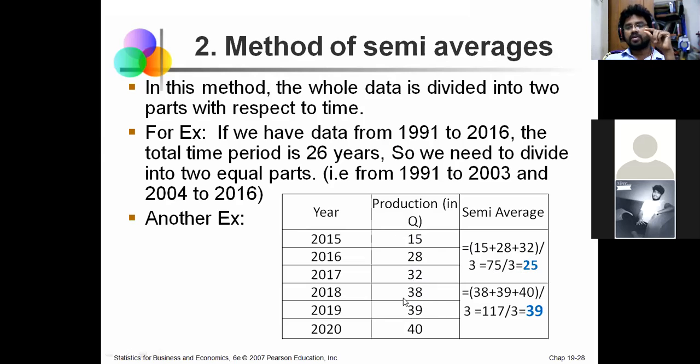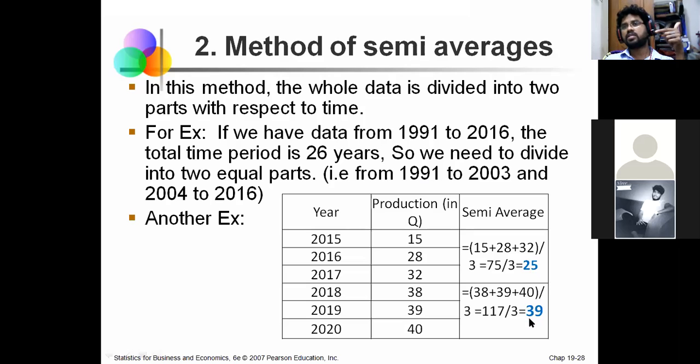Then we need to calculate the average of the second semi values. See, 38 plus 39 plus 40, which is equal to 117 divided by 3. So you will get 39. So what should we conclude on the basis of these semi-averages? Here in the first semi-average, the value is 25. In the second semi-average, it is 39.